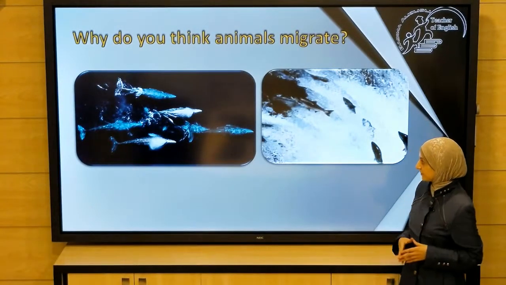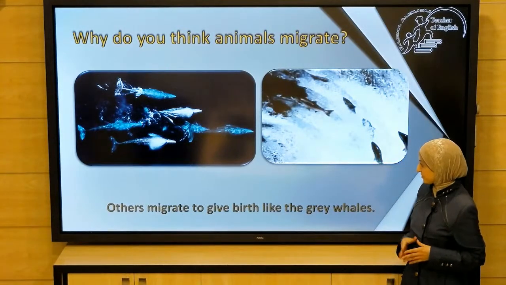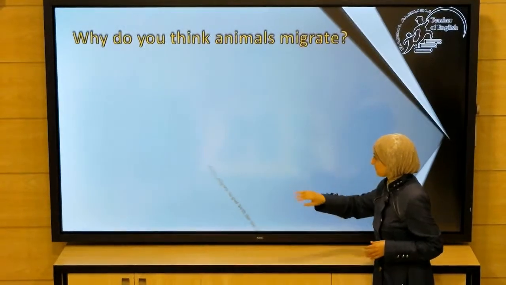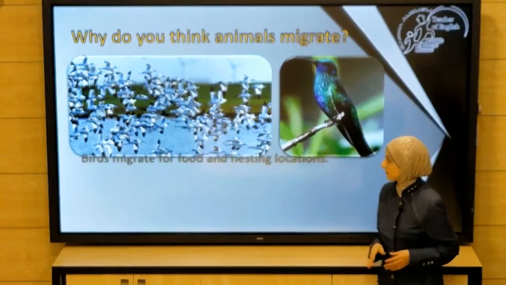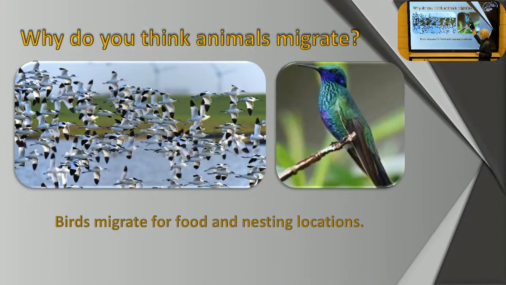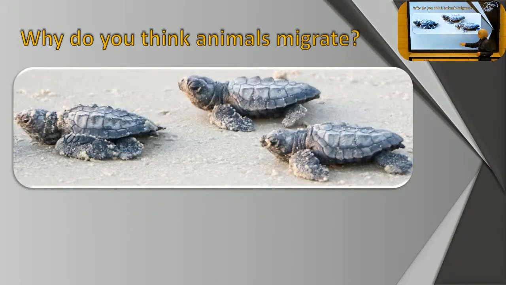Here we have the gray whale. Others migrate to give birth, like the gray whales. Look at the following pictures. Here we will talk about birds. Birds migrate for food and nesting locations, while turtles move to lay eggs.